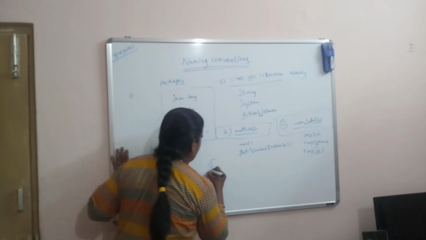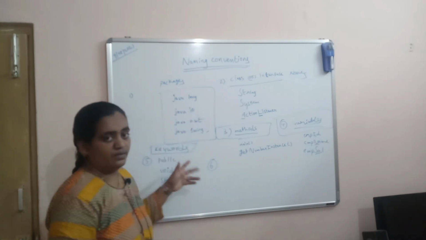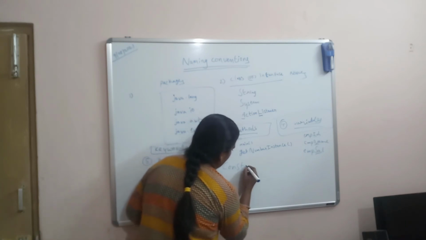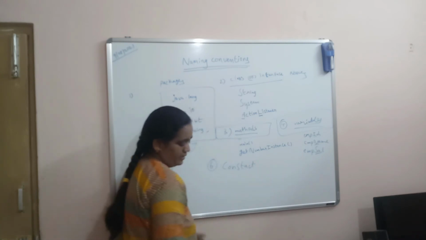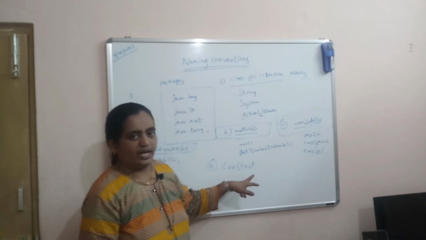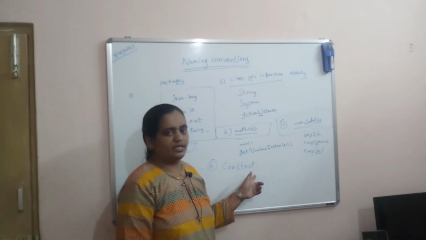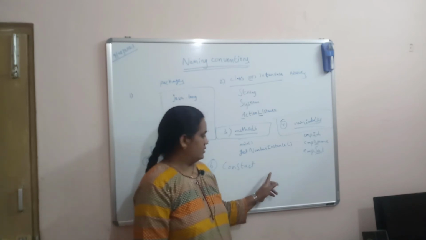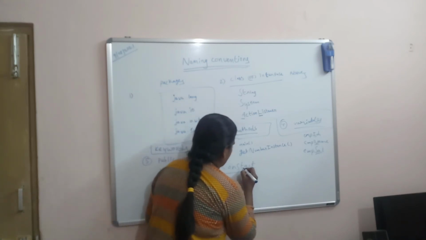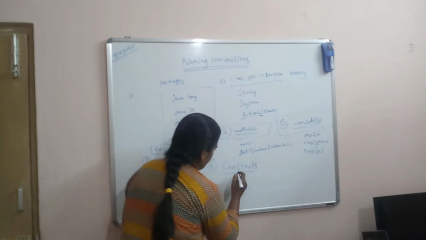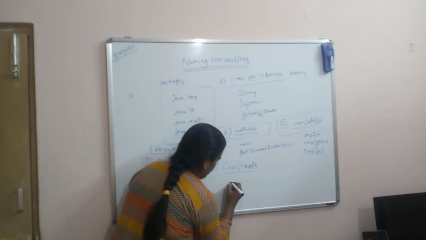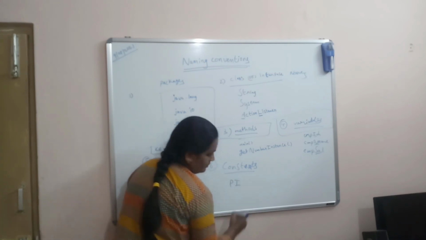The next thing we use in our programs is constants. What are constants? Constants represent a value that we can't change in the entire program. For example, PI is a constant.